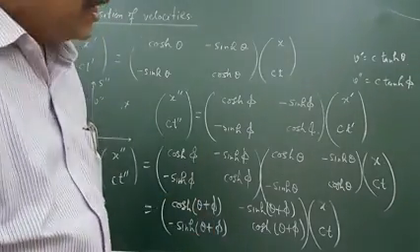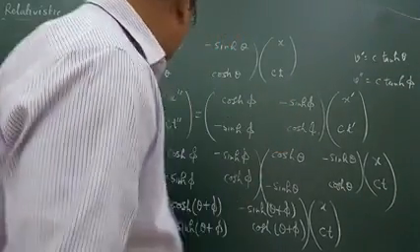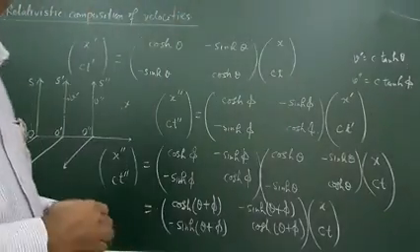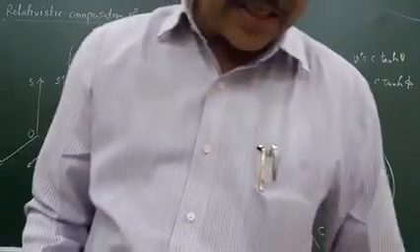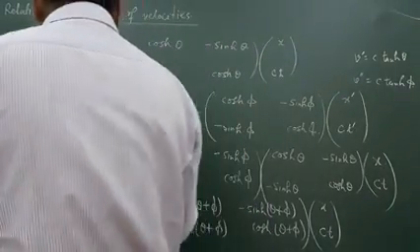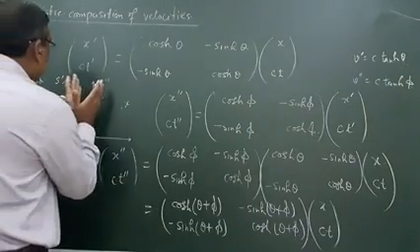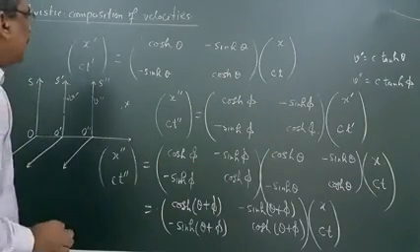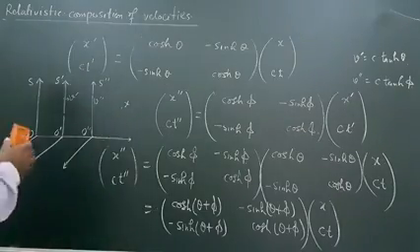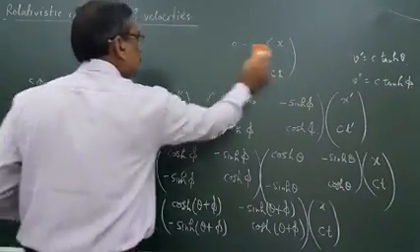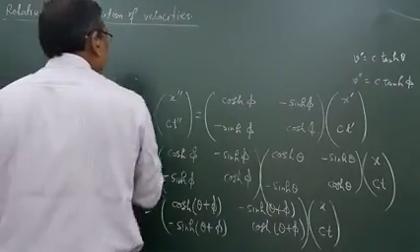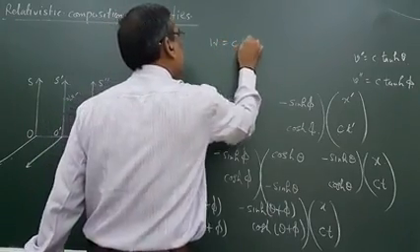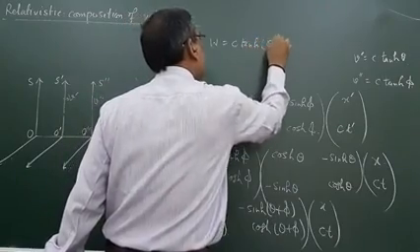If I use this, w is the combined velocity. w is the velocity of S double dash relative to S. If I represent w as the relative velocity of S double dash with respect to S, then w will be equal to c tan hyperbolic theta plus phi.